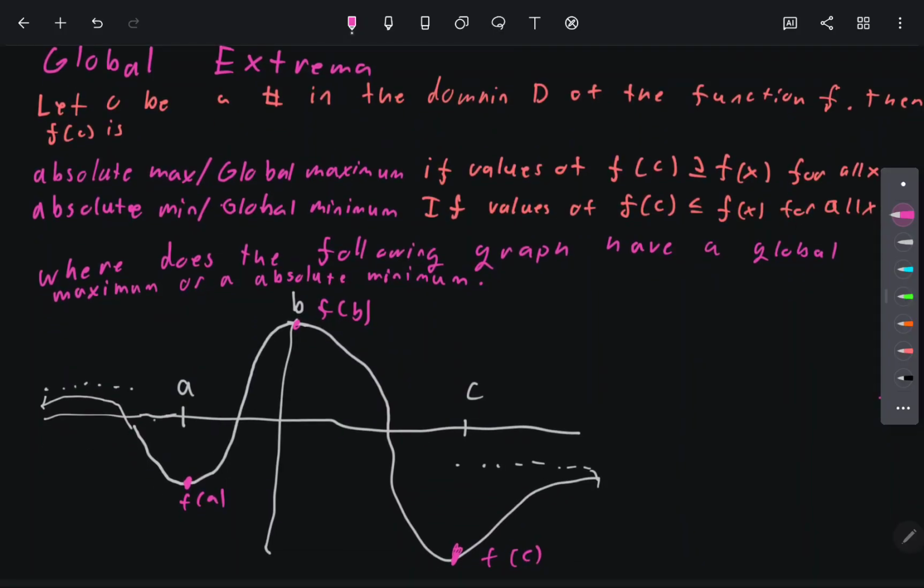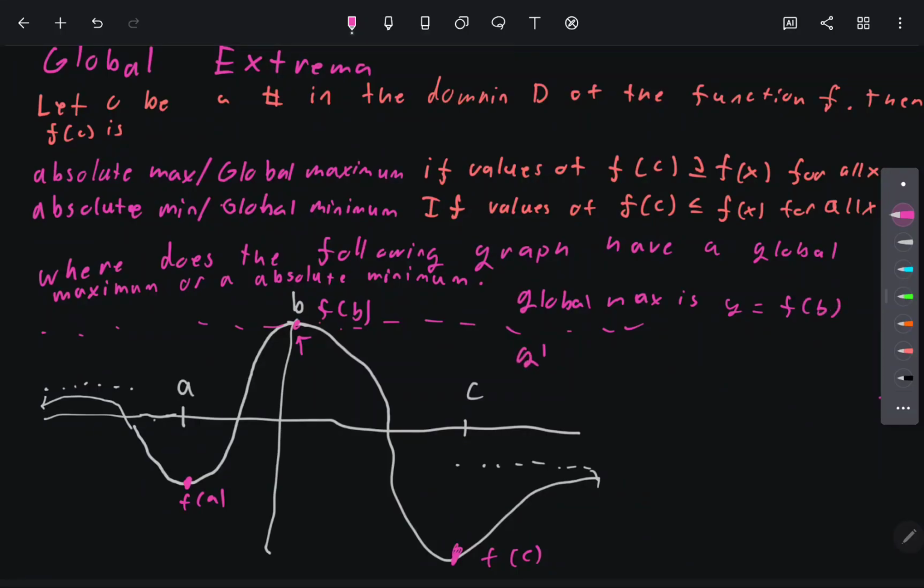We can clearly see that this point f of b is going to be the maximum, as there are no other y values that are as tall as it. So the global max is y equal to f of b.